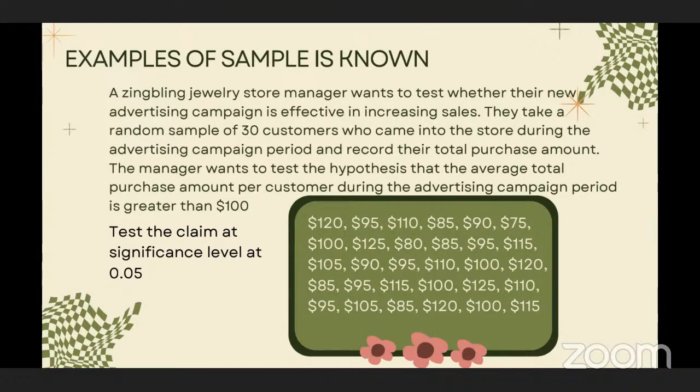The manager wants to test the hypothesis that the average purchase amount per customer during the campaign period is greater than $100. Test the claim at the significance level of 0.05. The note below shows the list of customers who came into the store during the campaign period.